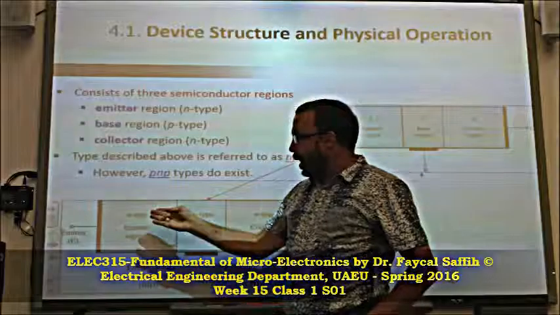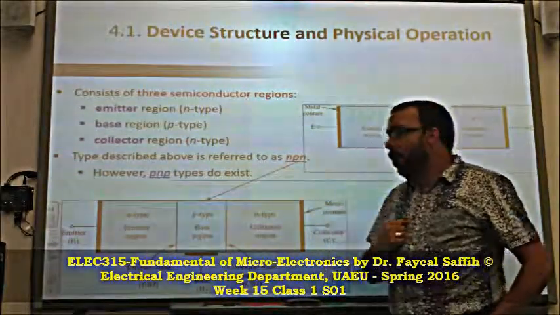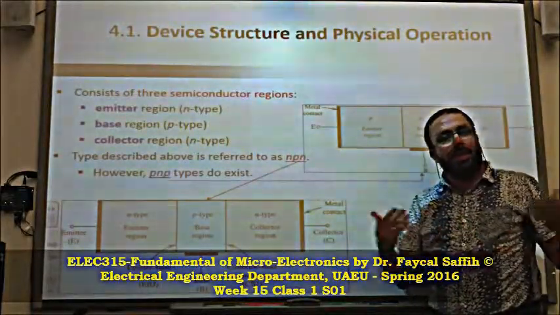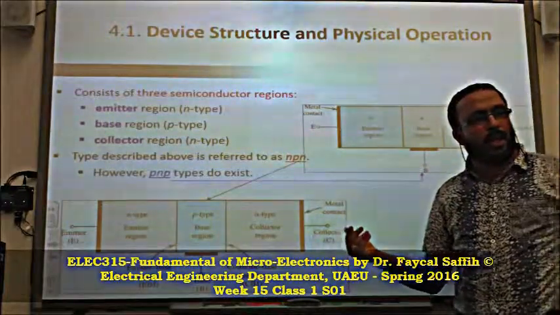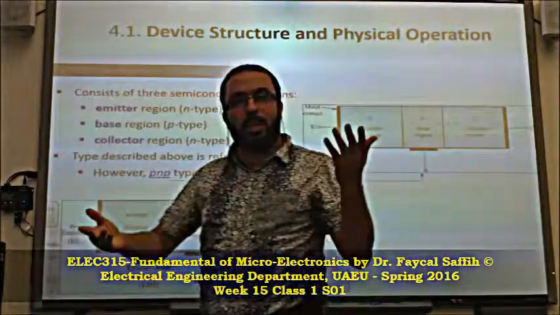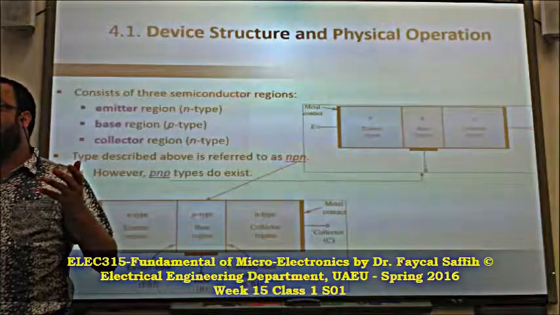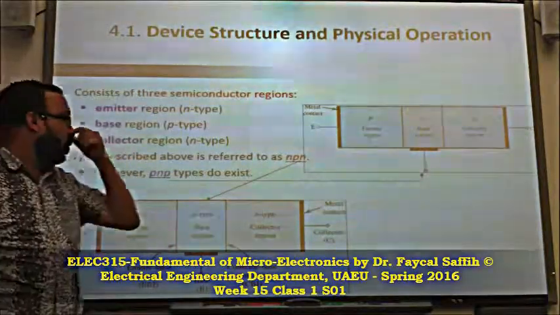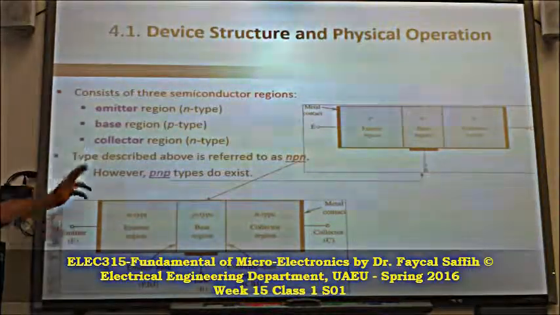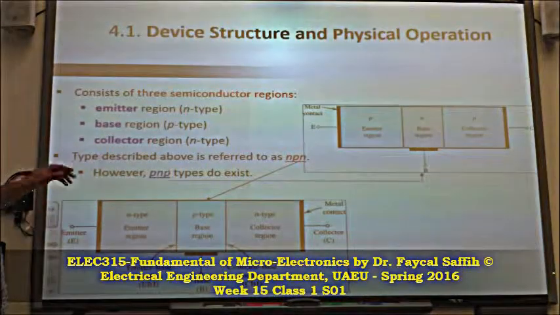This is an NPN transistor, or it could be the other way, as we did in the MOSFET, changing P with N, and in that case we get a PNP. It's like the symmetrical version of the NPN.